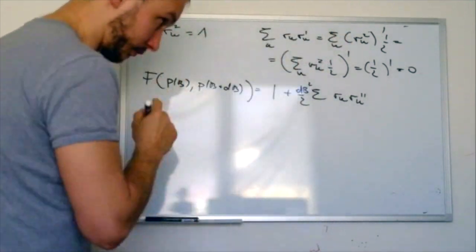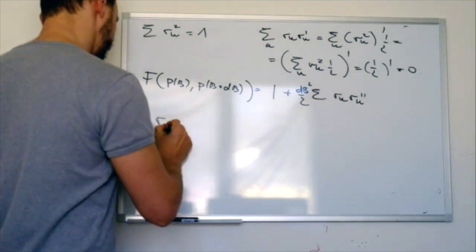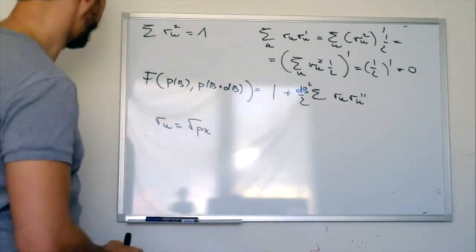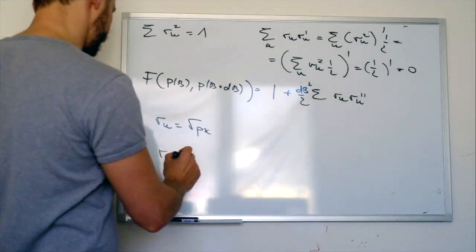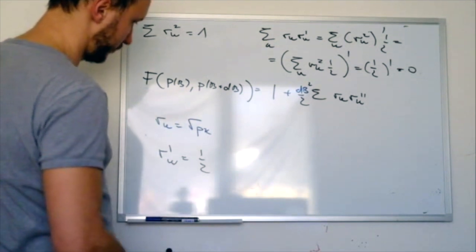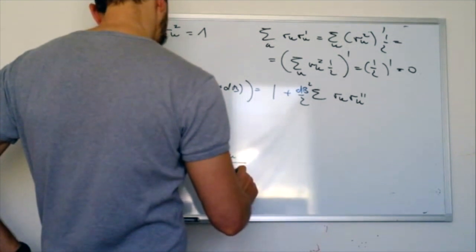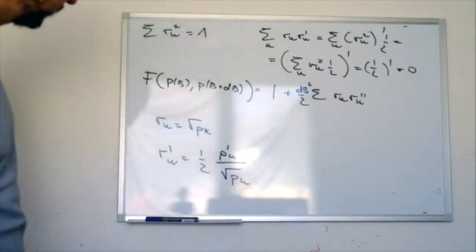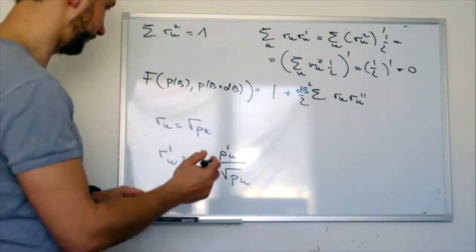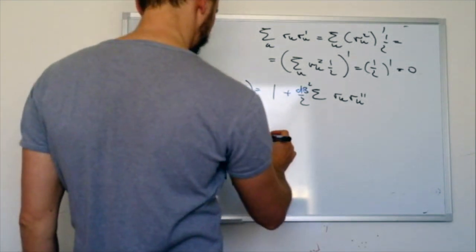Now let's recall what rk is. rk is the square root of pk. Good? So let's differentiate it. It means that rk prime is equal to 1/2 pk prime over the square root of pk. Then what we need is a second derivative, so it's even more lengthy.